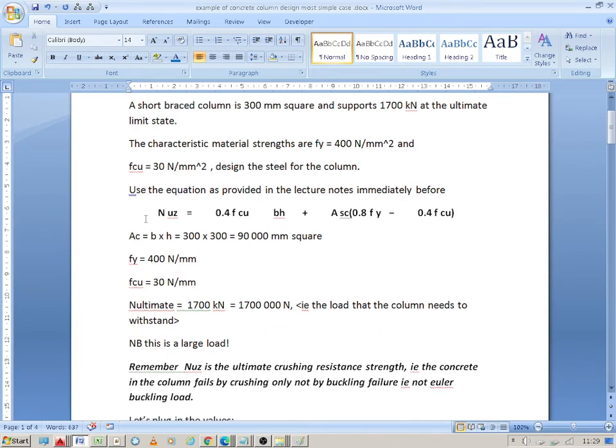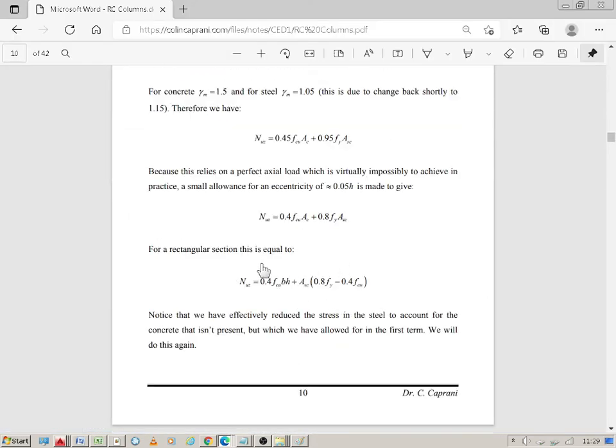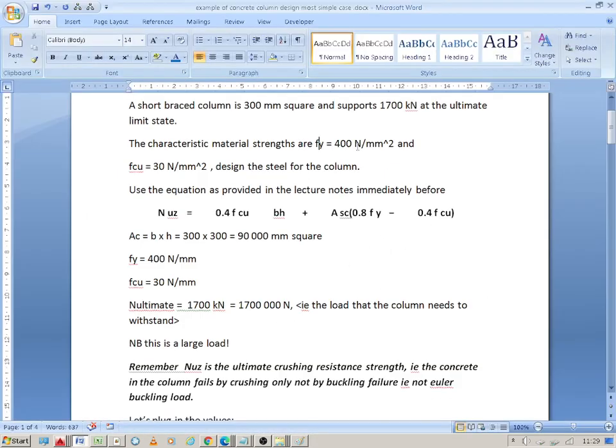So we use equation 4: N_uz equals 0.4 f_cu bh plus A_sc times (0.8 f_y minus 0.4 f_cu), where A_c equals bh.